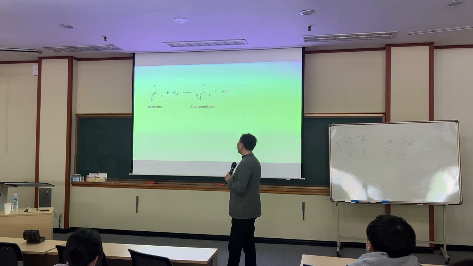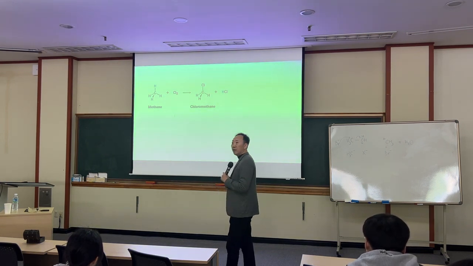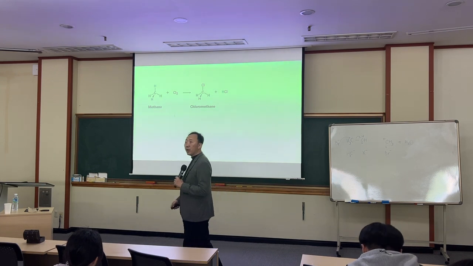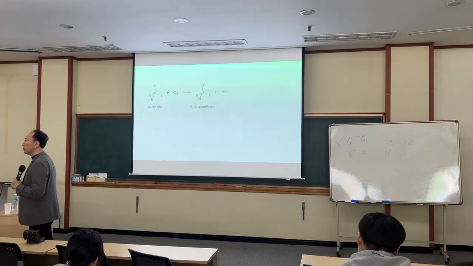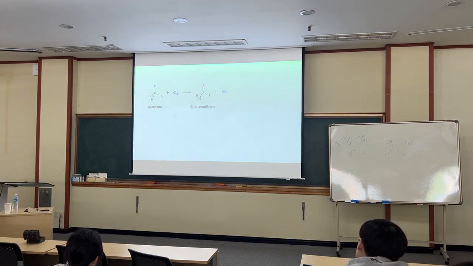Comparing from this reagent, original starting material, to this, the carbon is reduced or oxidized. Is it reduced? Originally, this one was, what is the oxidation number? -4. And this one? It becomes -2.